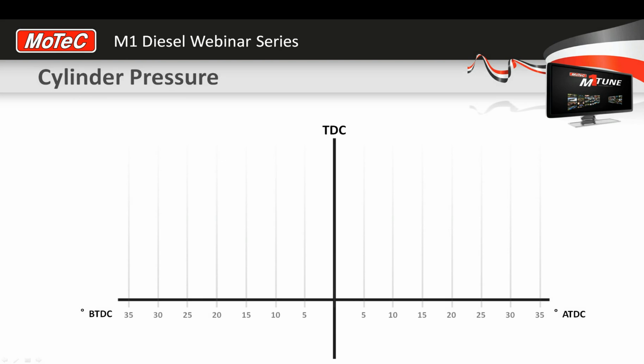Alright, so we're going to start by showing you a cylinder pressure trace. It's quite common for some of the higher end diesel tuners to use cylinder pressure analysis for tuning. Not something the majority get to do in the petrol world other than OEM manufacturers.